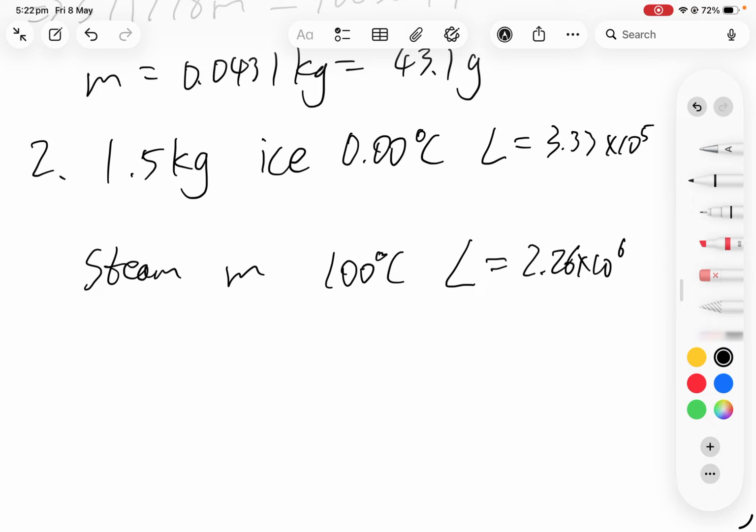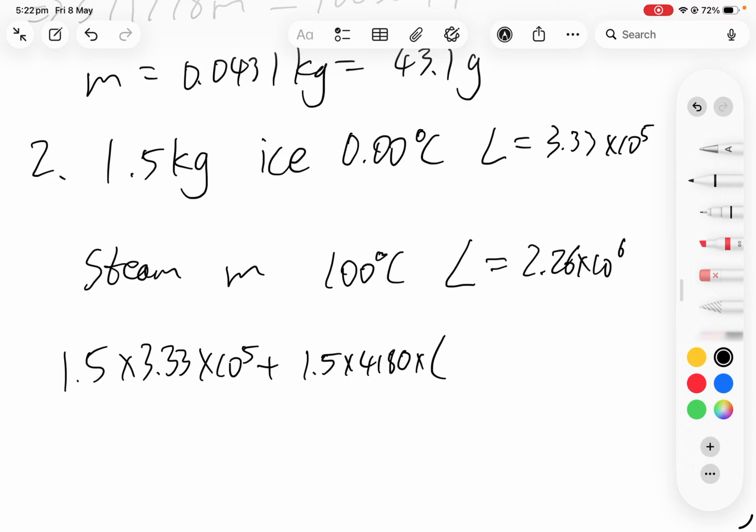So first, we have to form an equation. 1.5, which is the mass, times 3.33 times 10 to the power 5. Now everything's water, so we can do 1.5 times 4180 times, it starts at 0 but wants to end at 24.5.